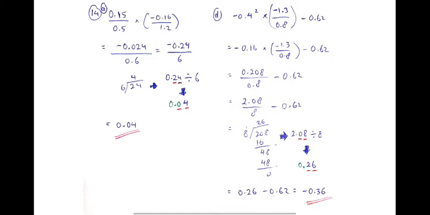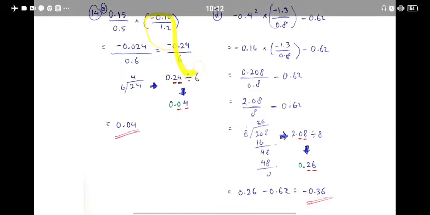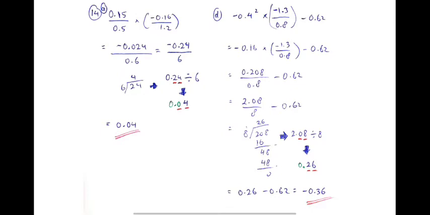Now for number 14a, so multiplication of fractions but involving decimals. The way that I recommend is not to do the division first, because I've tried it and it will give you another decimal number, so it's not really a good way.